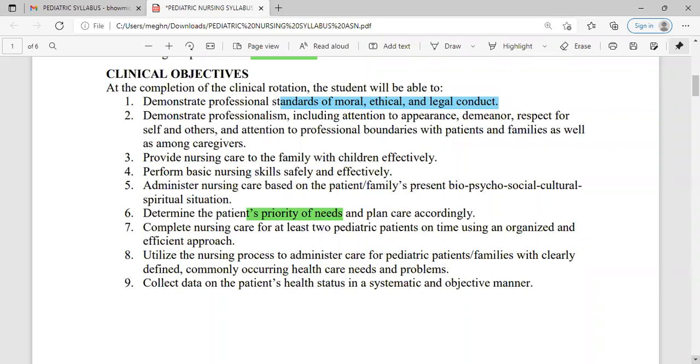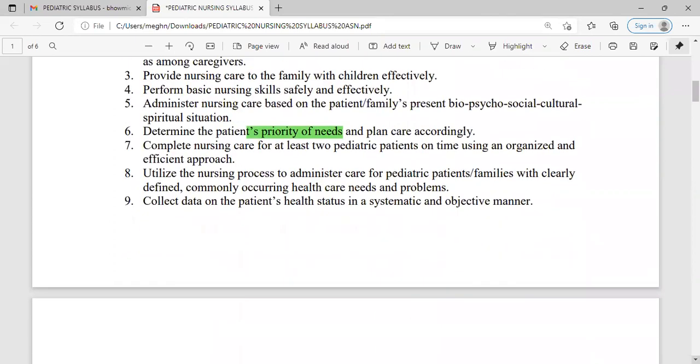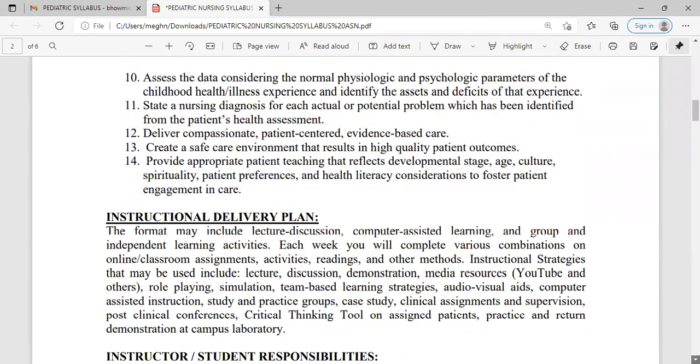We have to have the skill to distinguish the priority of the patients. Then assess the data considering the normal physiological and psychological parameters. State a nursing diagnosis for each actual and potential problem.